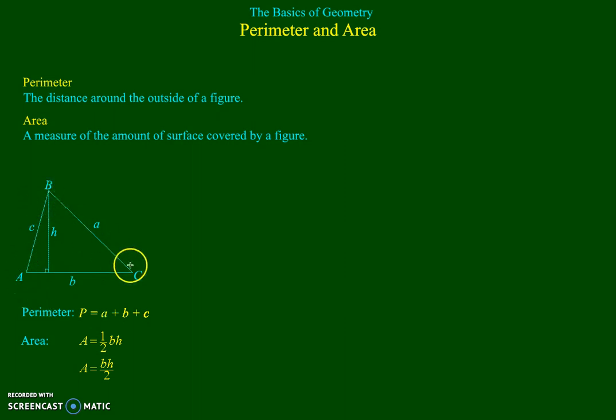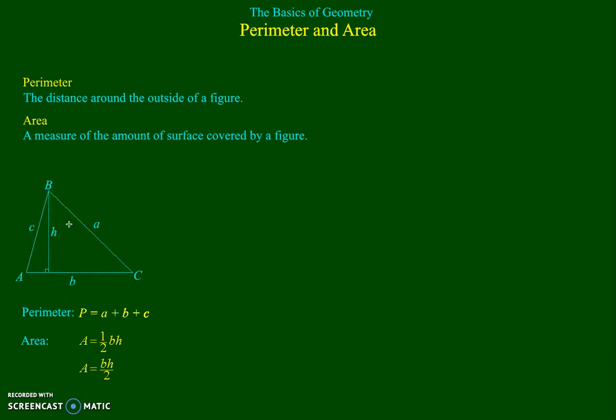Perimeter of this triangle is going to be given by the length of this side, so side a, plus side b, plus side c. If this were drawn in a Cartesian plane or in the coordinate plane, then we would probably end up having to use distance formula to find these two lengths and the ruler formula to find this length, and then adding them up to find perimeter.